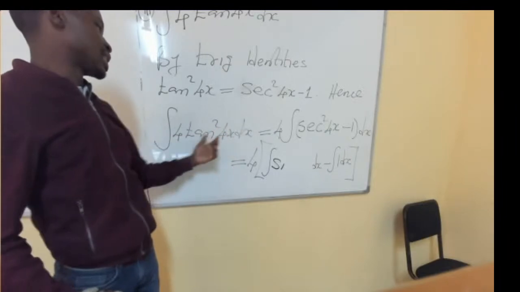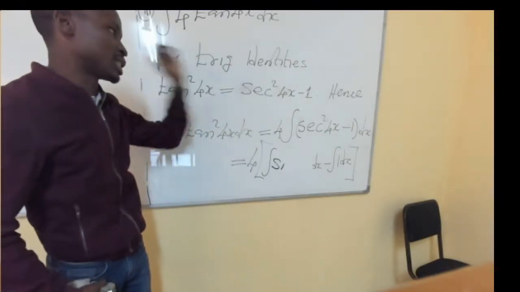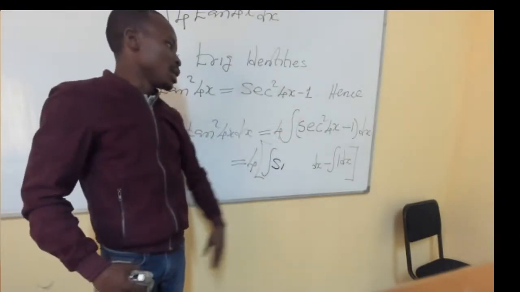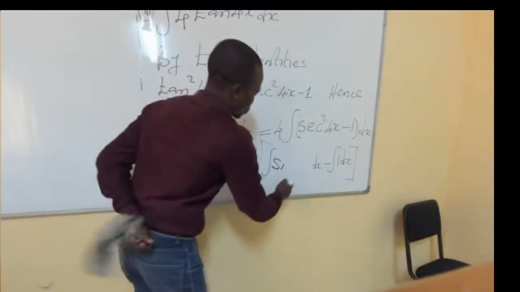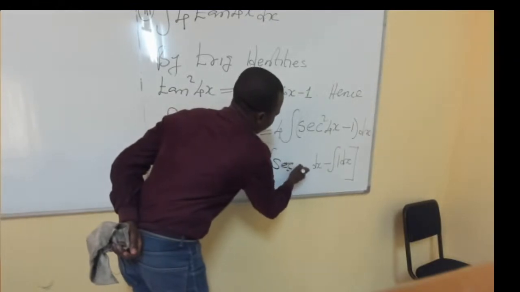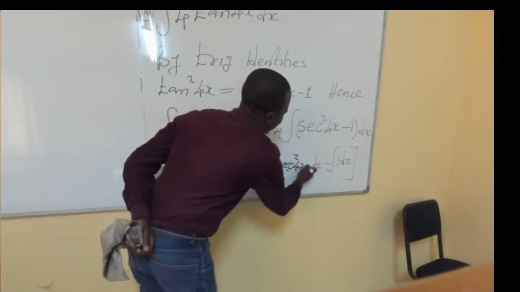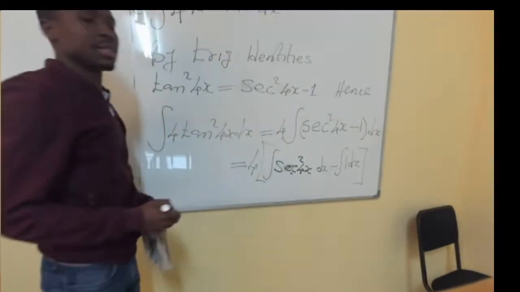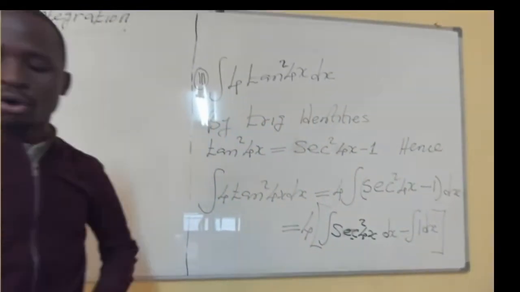So where there is tan squared of 4x, we substitute with sec squared of 4x minus 1. Then by linearity property, we are going to have the integral of sec squared of 4x dx minus the integral of 1.